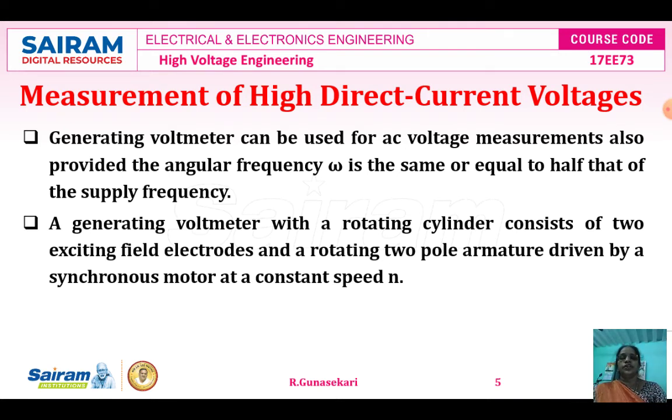A generating voltmeter with a rotating cylinder consists of two existing field electrodes and a rotating two-pole armature driven by a synchronous motor at a constant speed small n. So the small n represents the speed of the synchronous motor.